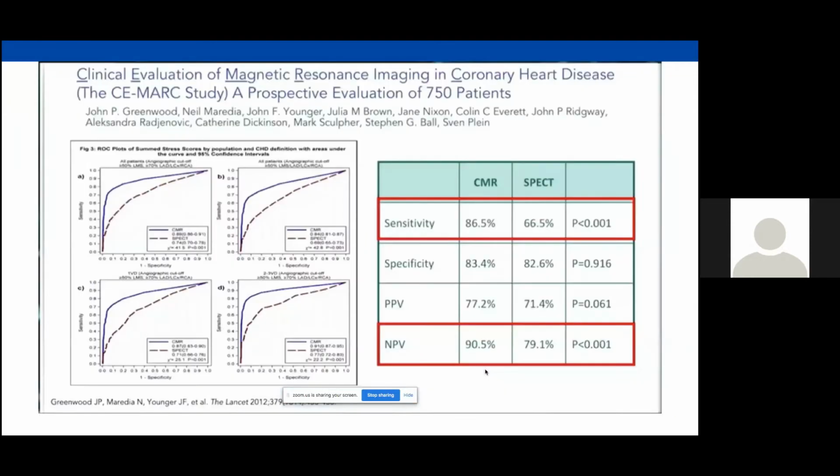This is just an illustration of the results from the CE-MARC trial, where they used different cutoff points to determine the diagnosis of significant coronary artery disease.